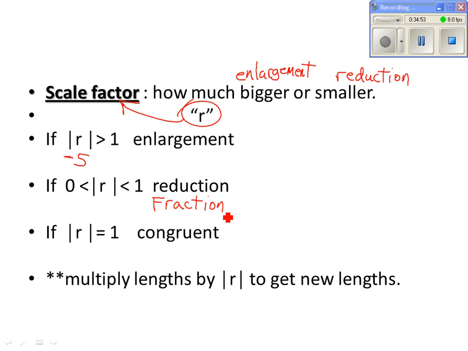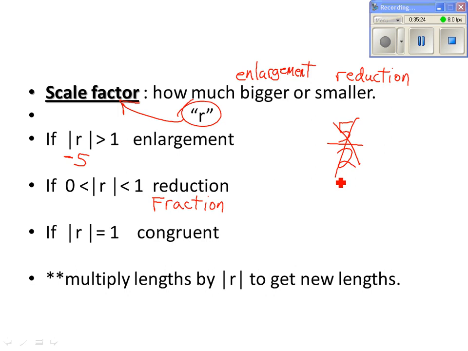So if you see a fraction about 99% of the time, it's a reduction. Now, the reason I don't like to say that is because if I gave you a fraction like 5 compares to 2, that's an enlargement because is that bigger than 1? Yeah. So this would be an enlargement, not a reduction. But usually if it's a fraction, it'll be a reduction.